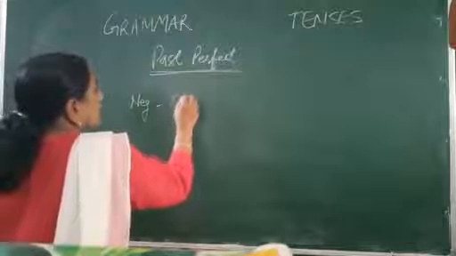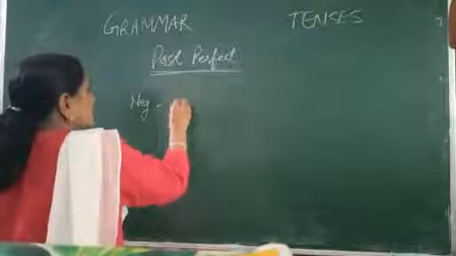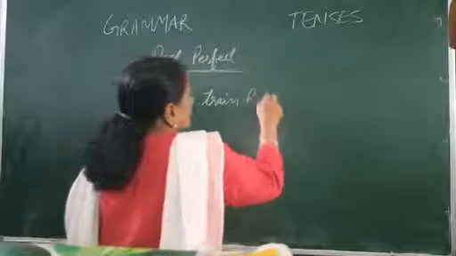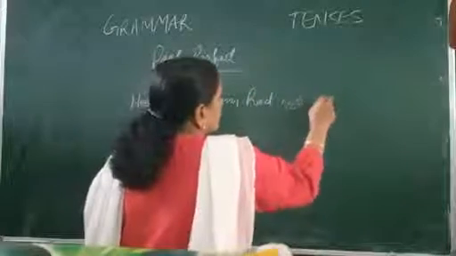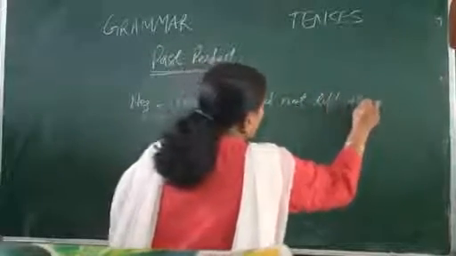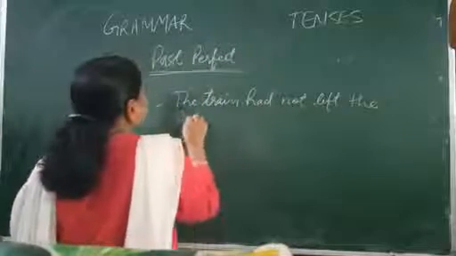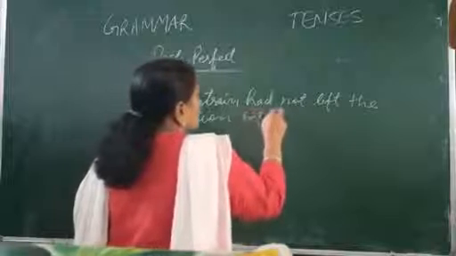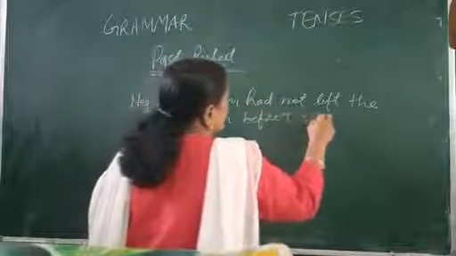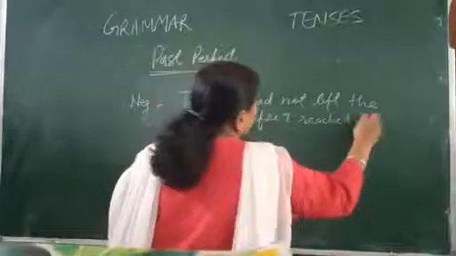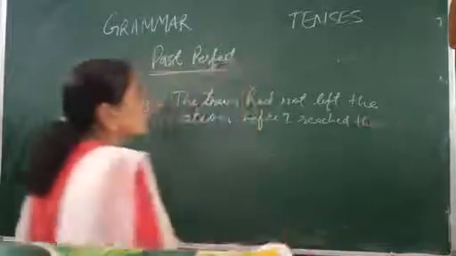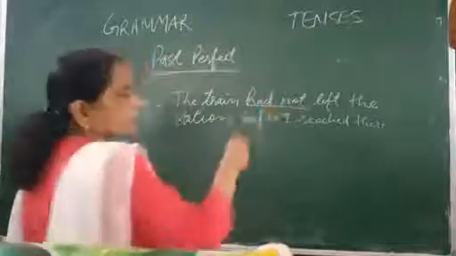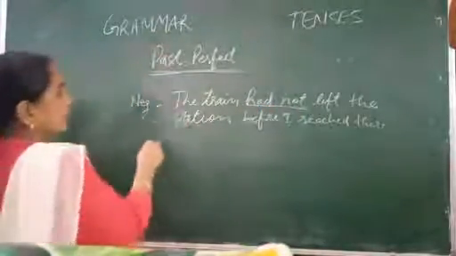Now the negative of the sentence, subject, means you can write the train had not left the station before I reached there. Okay? Had plus not. Not is added because the helping verb is already there.